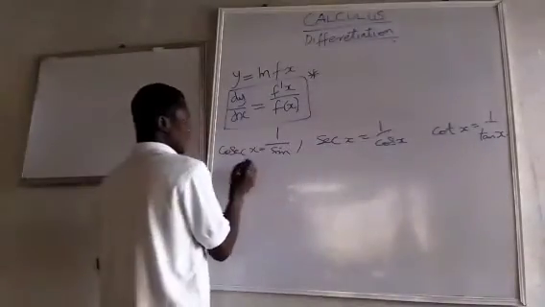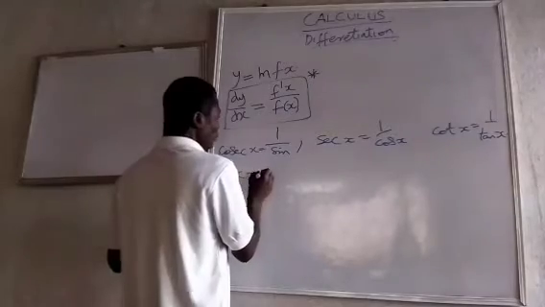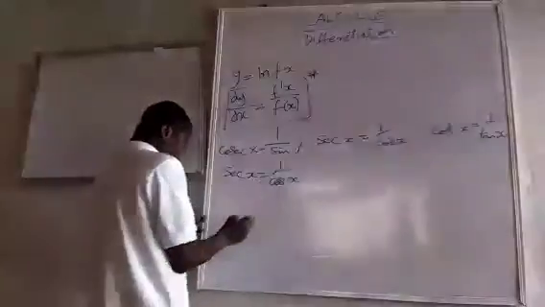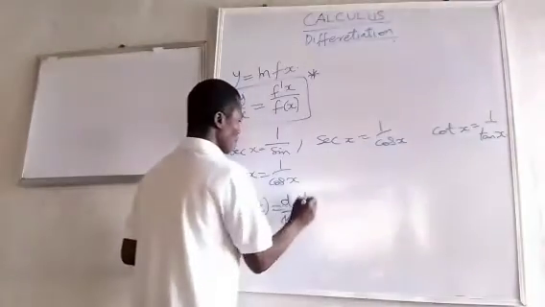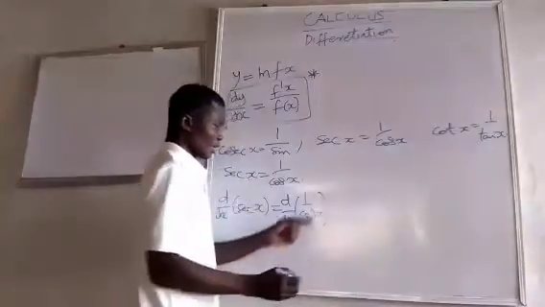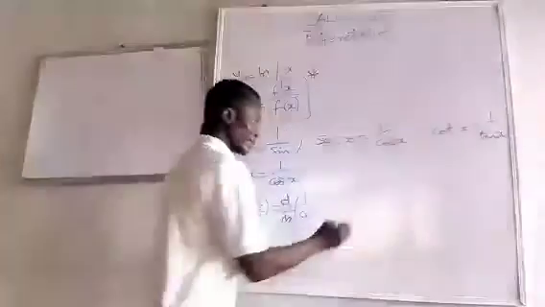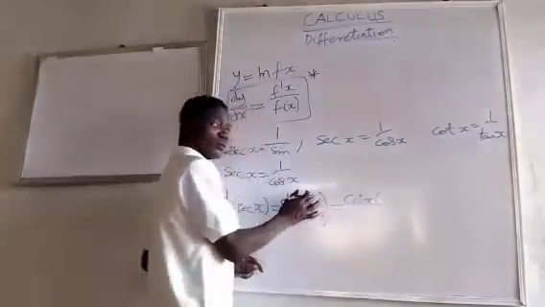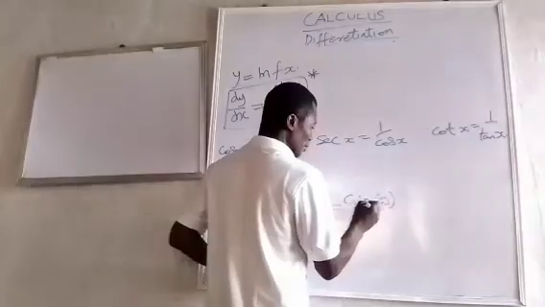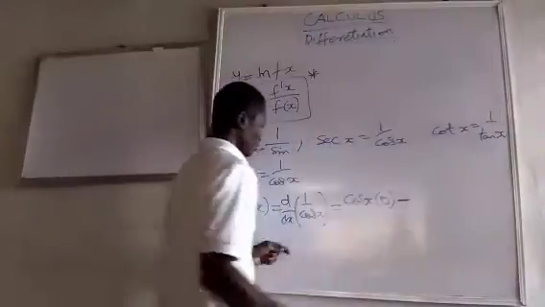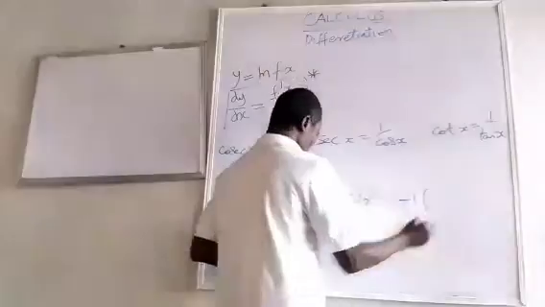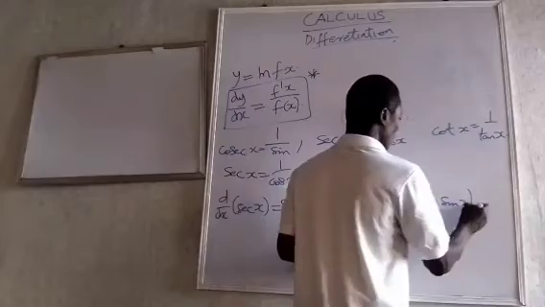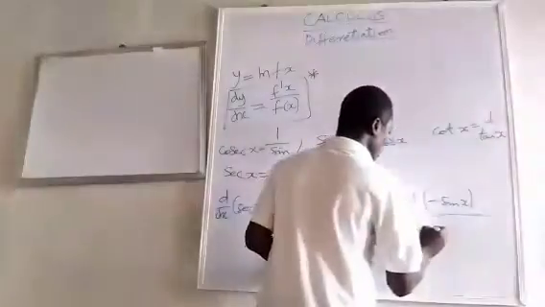So going to sec x, 1 over cos x. If I'm going to differentiate this, it's going to give me cos x times the differentiation of 1, which is 0 since it's constant, minus 1 times the differential of cos x, which is minus sin x, over cos square x.